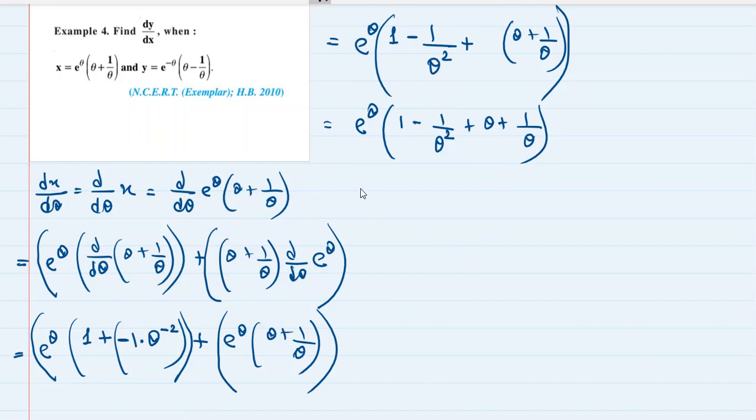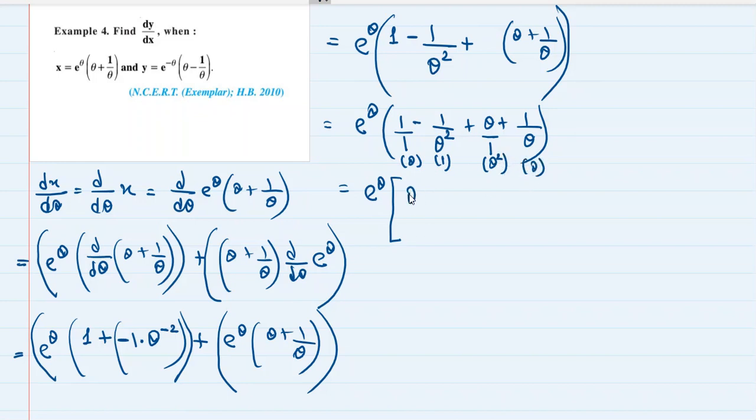Now if we take the LCM, it will become e raised to theta, and we have theta square as the LCM.